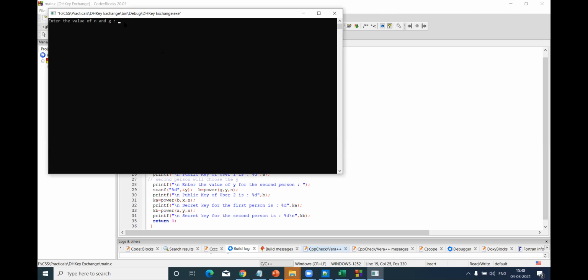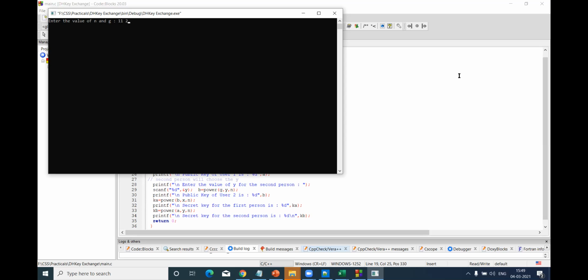Now here, this is a program where it is getting the value of n and g. By mistake, last time I executed the program which was already preloaded. So here, the command prompt is asking the values for n and g. N is the prime number and g is the primitive root.